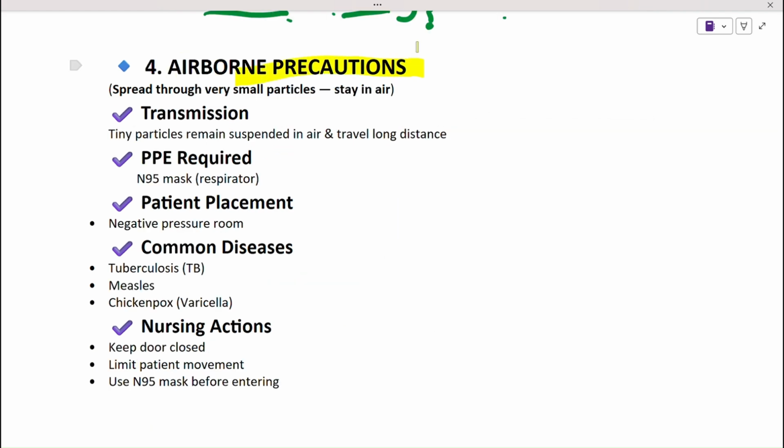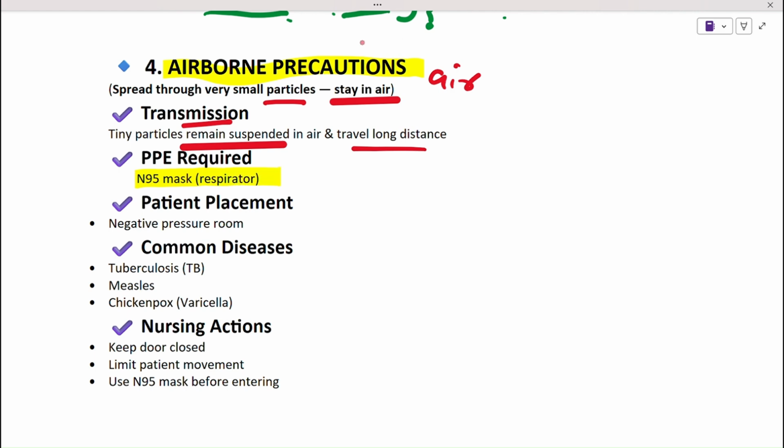Lastly, airborne precaution. As it says, it spreads through the air. It spreads through very small particles that stay in the air. Transmission: tiny particles remain suspended in the air and travel long distances. PPE required: N95 mask, respirator.